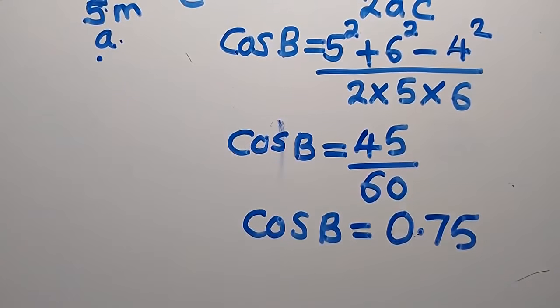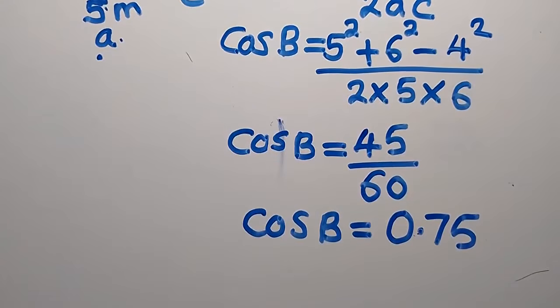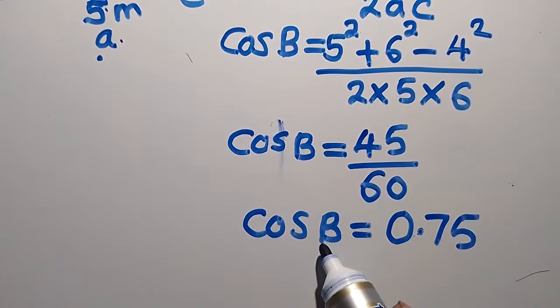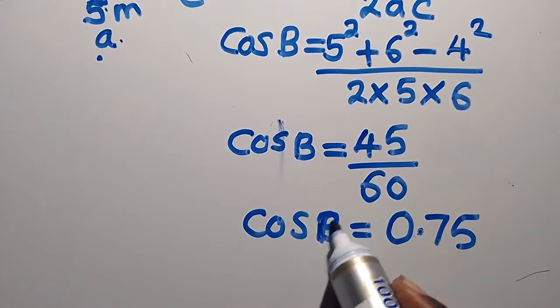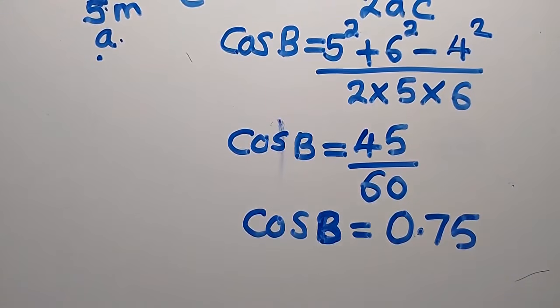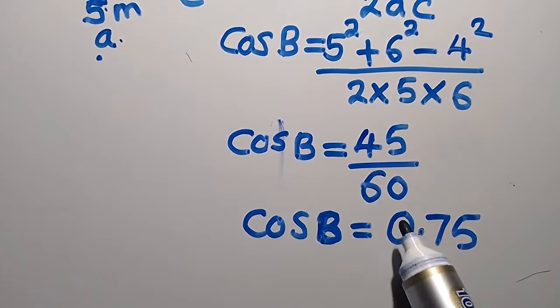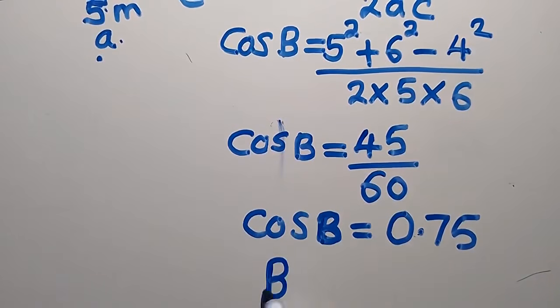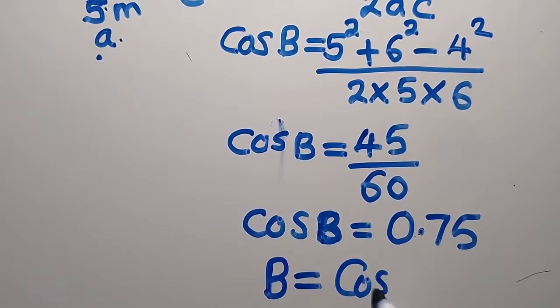Remember, in this question, we are not told to find cos B, but we are told to find B. So how can you work out B? This cos will move to the other side. So we are going to have B is equal to cos inverse. Whenever cos crosses this equal sign, it becomes inverse. Inverse of what?